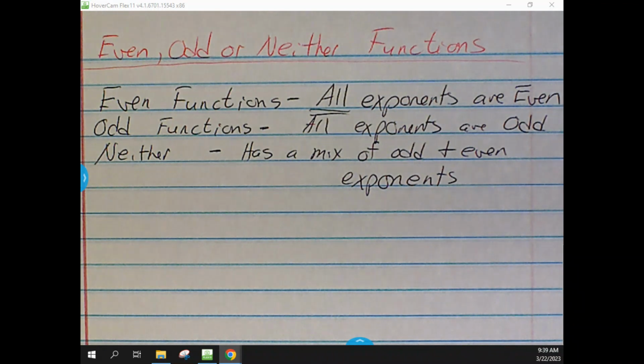Okay, now again, technically that's not the mathematical technical definition, but if you just want to look at something and go, oh, I can just look at it and tell if it's even, odd, or neither, that's all you have to do. You just have to look at it.